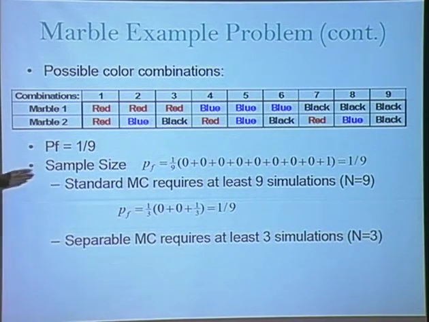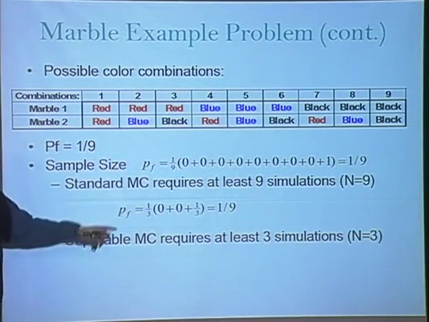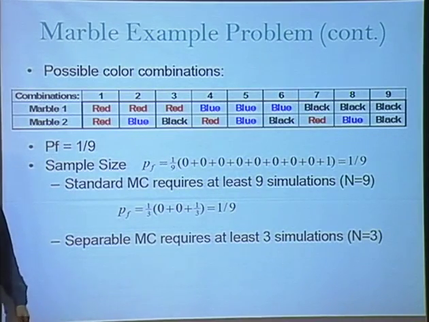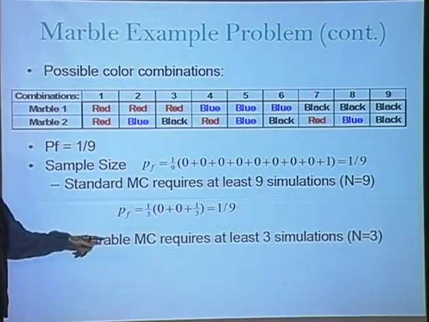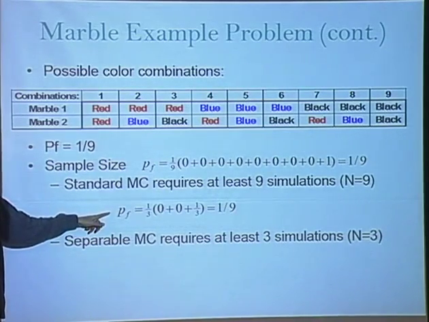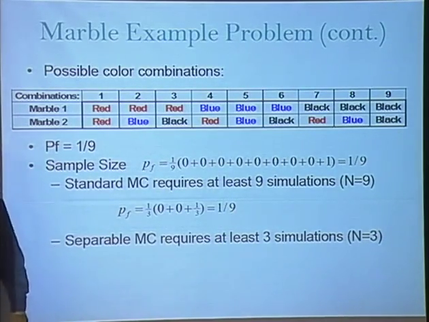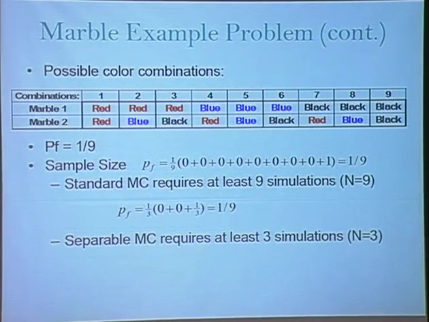So this is the formula that says that with the standard Monte Carlo method, this is the best possible thing that can happen, while with the separable one, this is the best that can happen. And so instead of having a minimum of 9 simulations, you now have a minimum of 3 simulations.